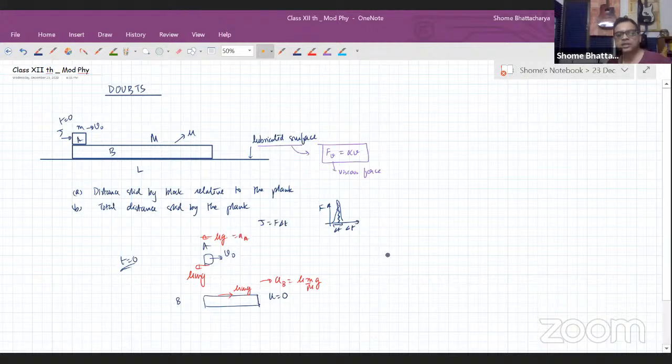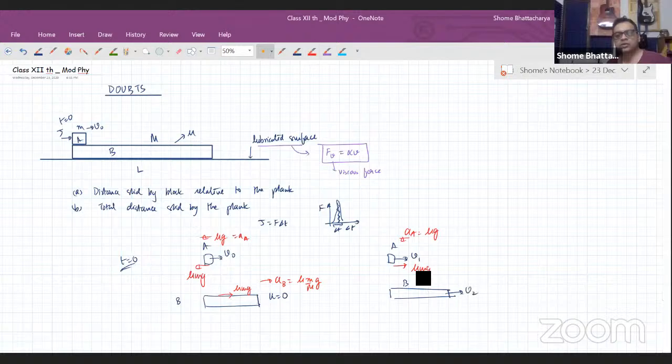Now, eventually, after some time, A's velocity has become v1, and if we assume that slipping is still going on, A is still decelerating at the rate of mu g, but B has developed a velocity v2.